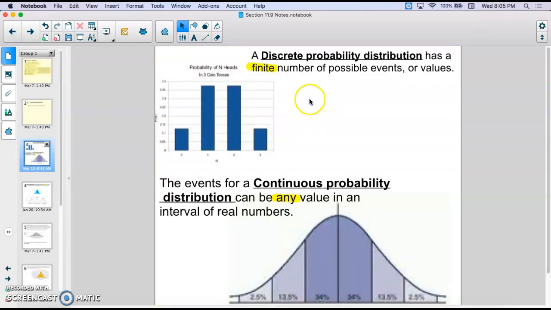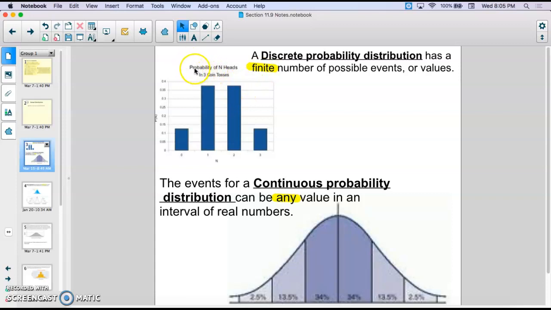All right, so let's talk first about some vocab here. A discrete probability distribution has a finite number of possible events or values. A finite number means that there's only a certain amount of possible events or values that could happen.